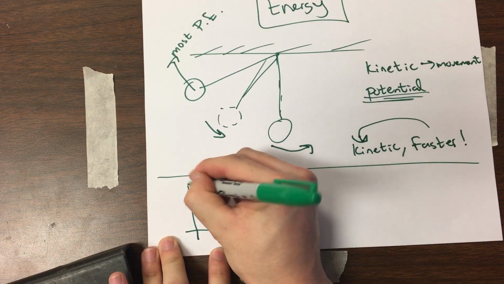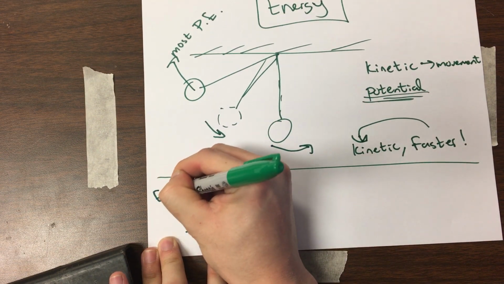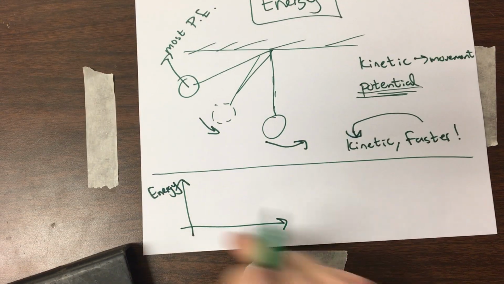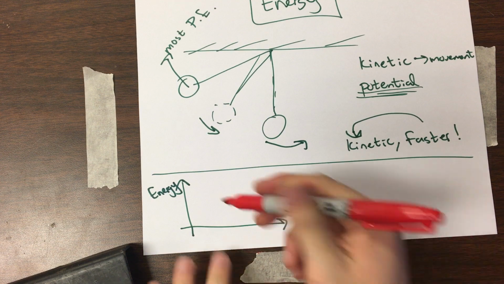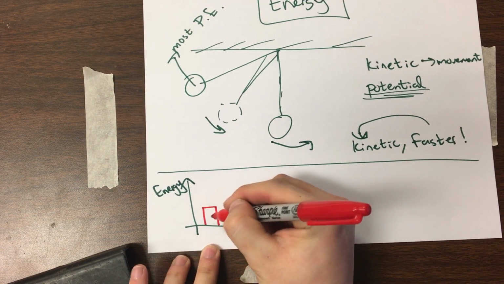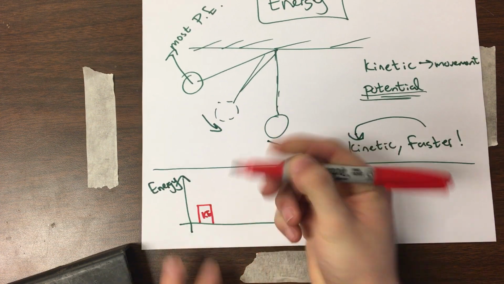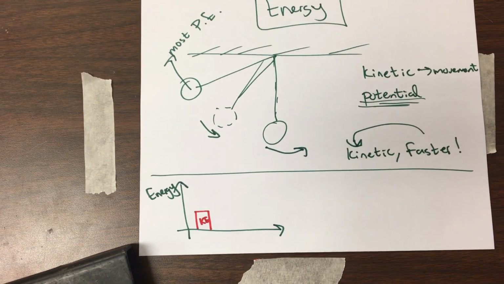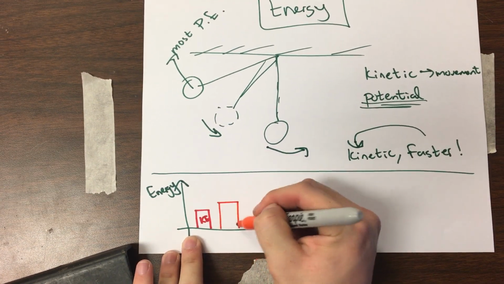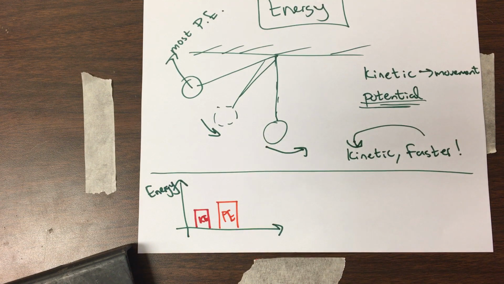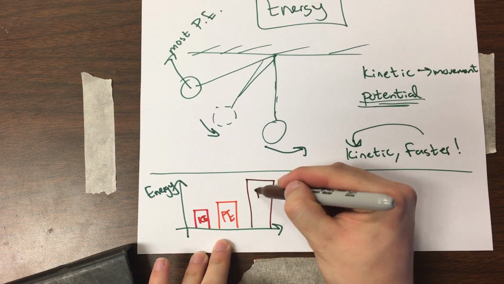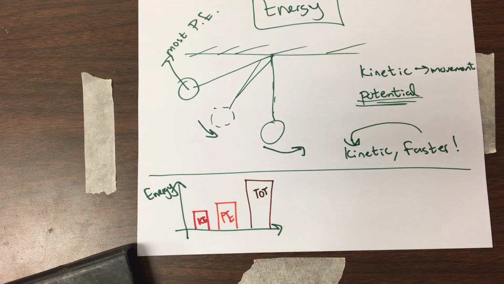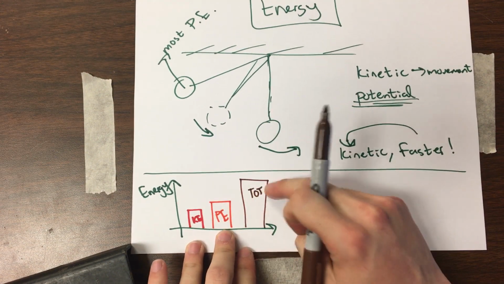So think of our graphs again. We love graphs. This is energy, and we have different types of energy on the x-axis: kinetic and potential. If you add these two bars together, they equal the total.